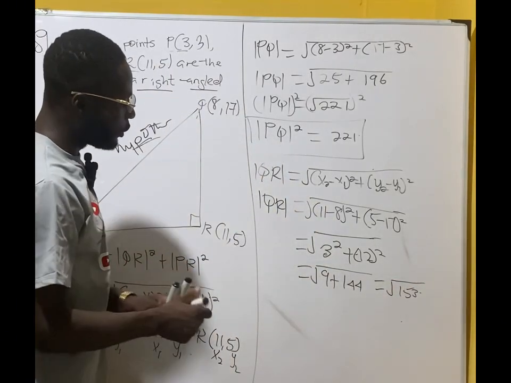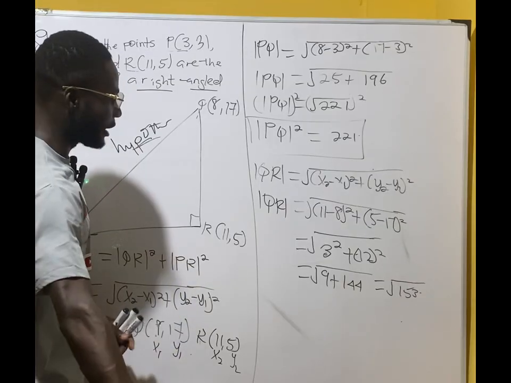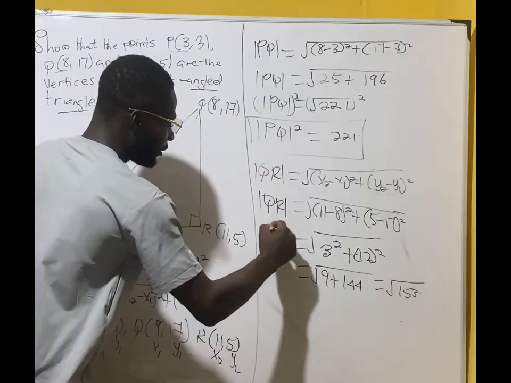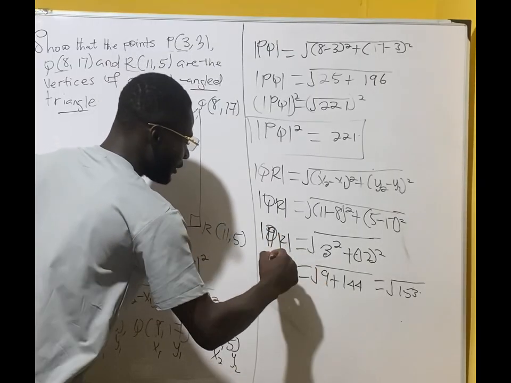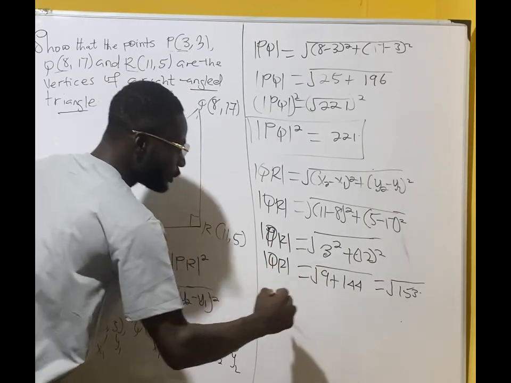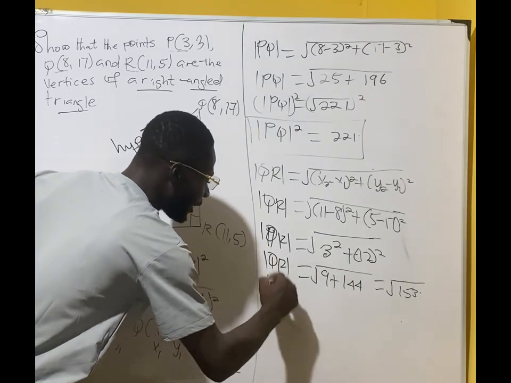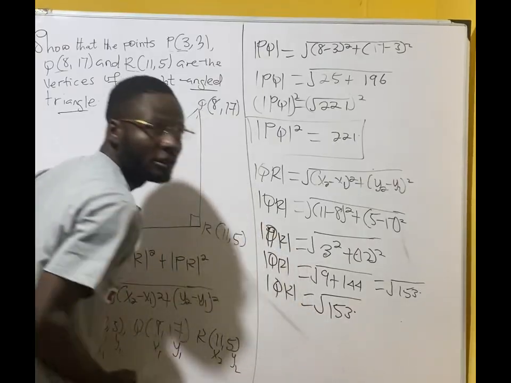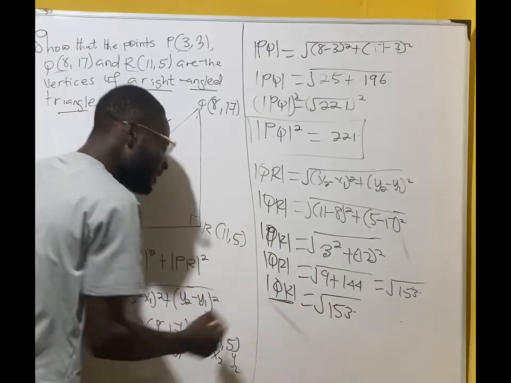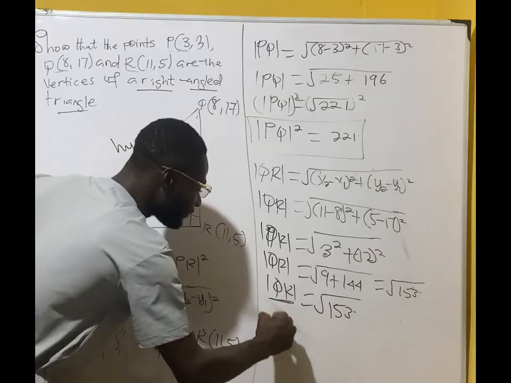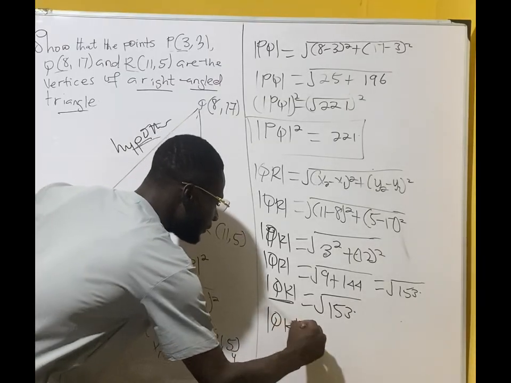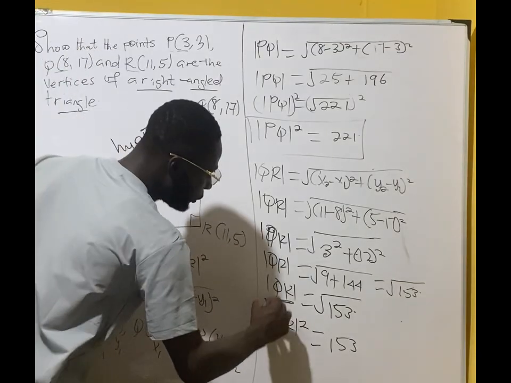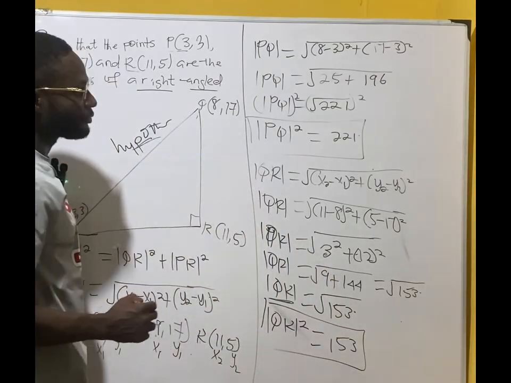Taking the square on both sides, QR squared is 153. We note this down here.